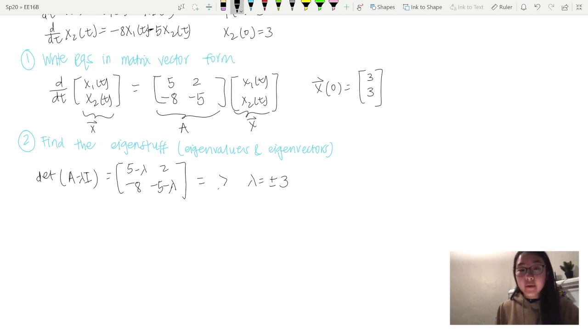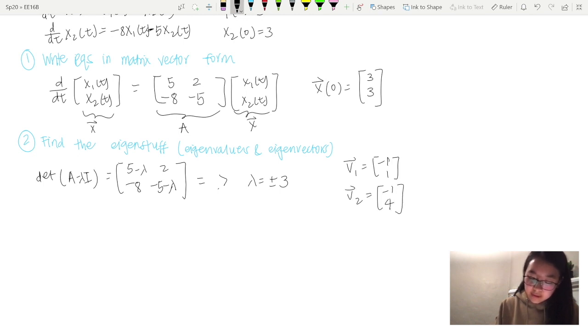And then if you were to solve for the null space corresponding to each eigenvalue, you would get the eigenvectors: -1, 1, and -1, 4.